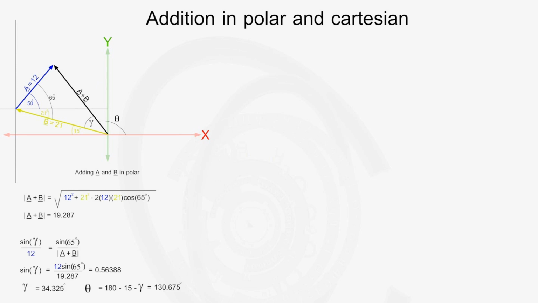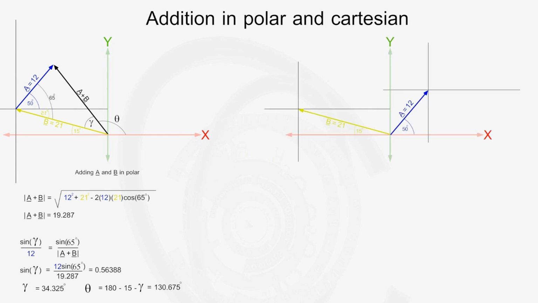When adding using polar representation, we will not use unit vectors, but rather we would use the cosine rule and sine rule to add the vectors and find the amplitude and direction of their sum. But when adding using Cartesian, we start by projecting both vectors onto the x and y axis and finding their orthogonal components.